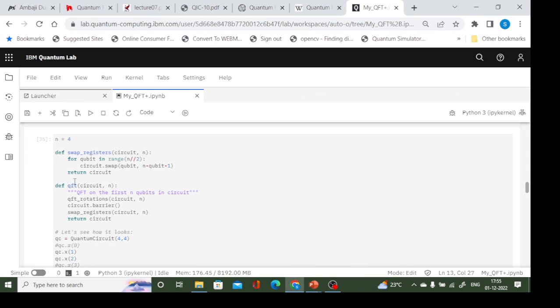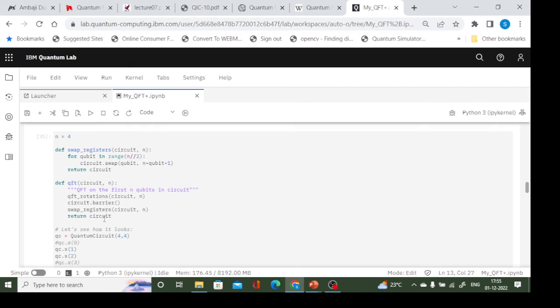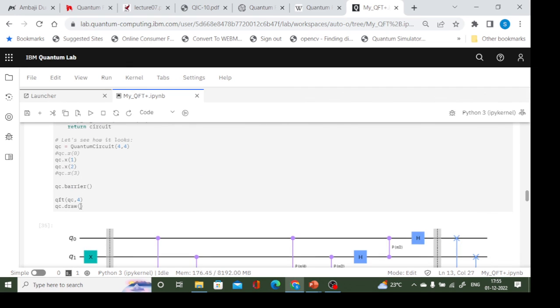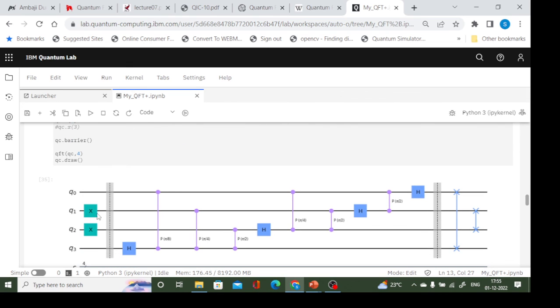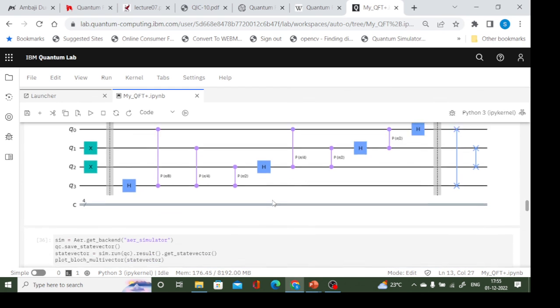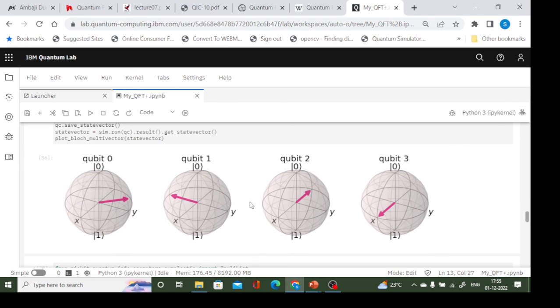And then later we write our own function qft, I mean in small letters. So we need to call rotation and swap. And I'm going to encode this time 0, 1, 1, 0. That's what I've done here. You can see here this is the rotational part of it, this is the swap part of it, and when you look at the state of qubits, you will see they are in different states, right? So they are no more 0, 1, 1, 0.